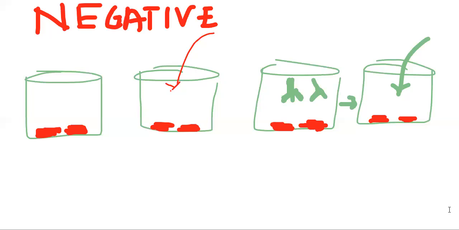So let us describe the negative test. Number one, in the laboratory, the specific antigens, that means HIV antigens, are attached to the well of the microtiter plate.